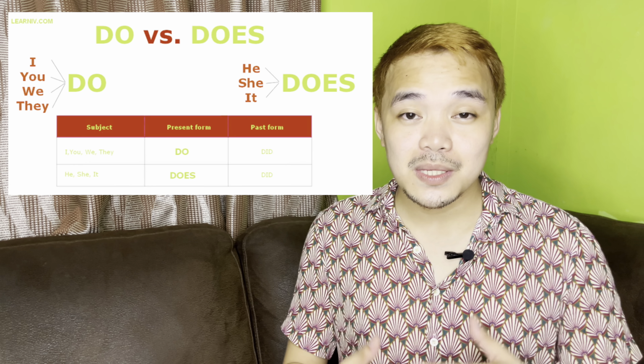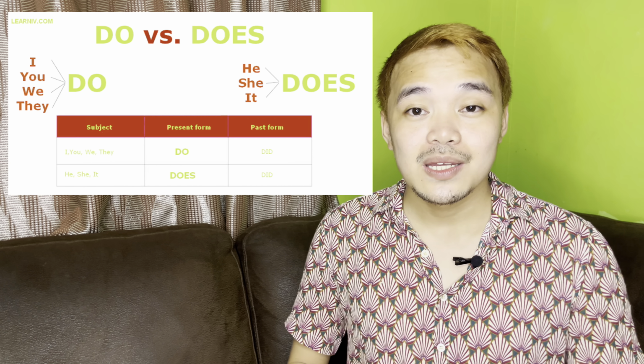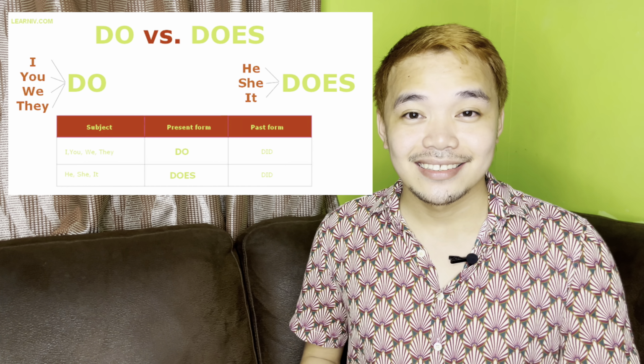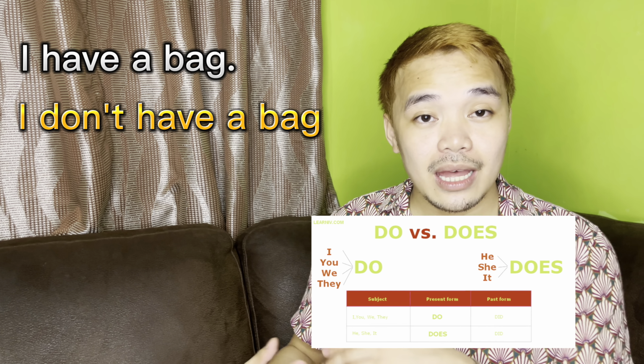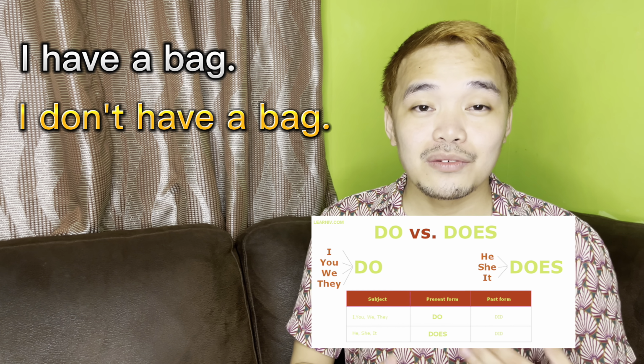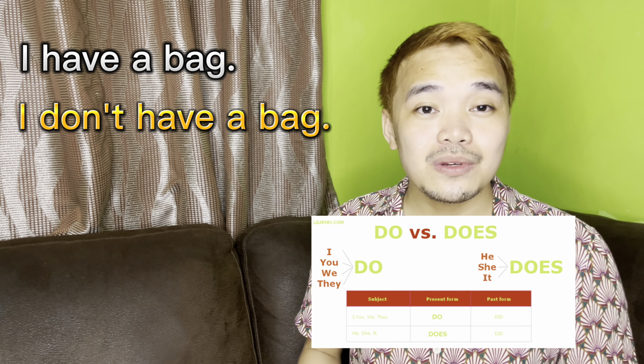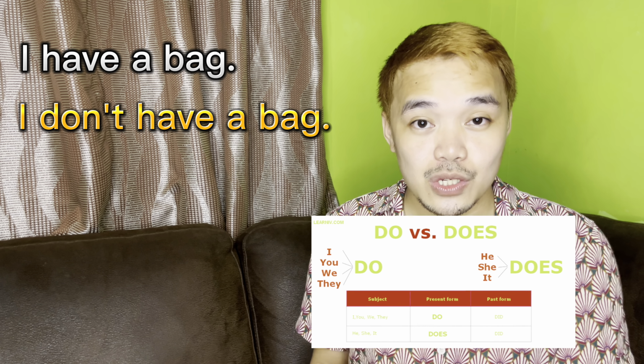It doesn't matter if the subject is singular or plural, just like had. So the sentence I have a bag will become I don't have a bag. So I use the verb do here since the subject is I. And according to the rule, if the subject is I, since it's a pronoun, we have to use the verb do. Okay?